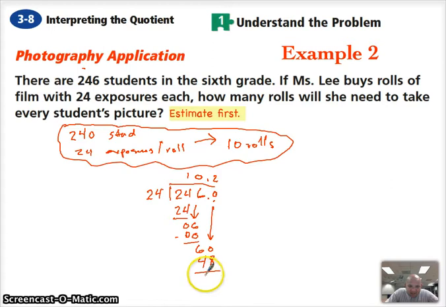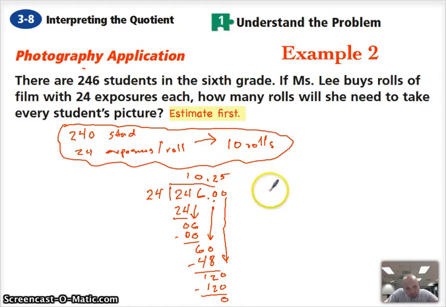Now I've got subtraction problem gives me 12. Again, I'm going to put down another 0, bring it down. It's 120. And I know 5 times 24 is 120. So right now, I need 10 and 25 hundredths of a roll.